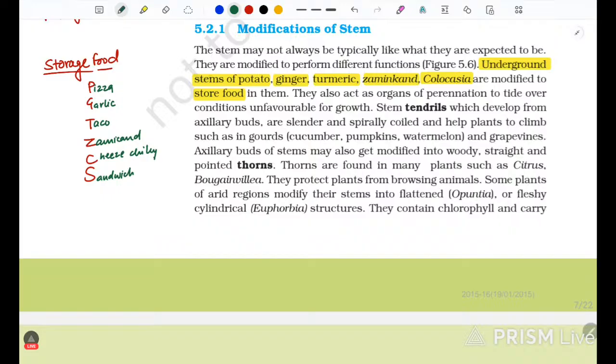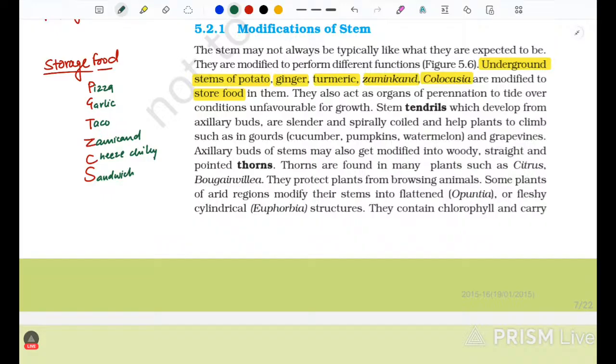I know it is a little difficult thing to remember, but still I'll try to teach you once again. So just try and remember that you have got potato, ginger, turmeric, zamikand, colocasia. Potato, of course, you eat, and it has a lot of food in it, so you can easily remember.